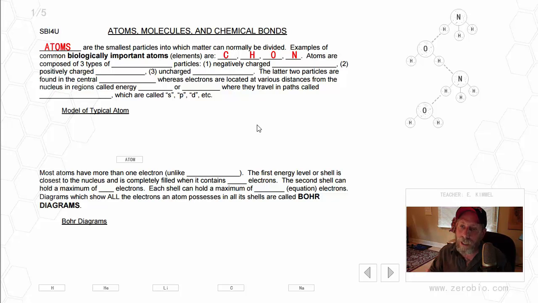You will be studying biologically important molecules later, and I'll probably do a video for you about that. So when you talk about glucose, you may have heard the chemical formula C6H12O6. C6, there's carbon, H12, there's hydrogen, O6, there's oxygen. And that is a biologically important molecule.